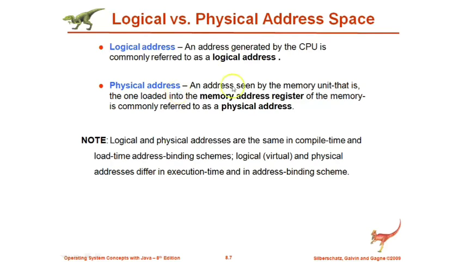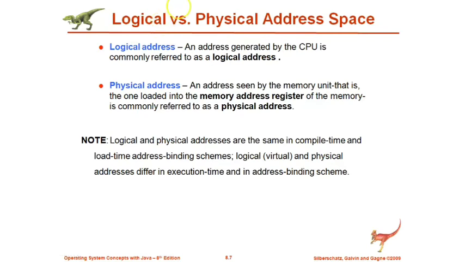This is an address seen by the memory unit, that is, the one loaded into the memory address register of the memory, and it is commonly referred to as the physical address. So the logical address is the address generated by the CPU, whereas the physical address is the address seen by the memory unit.